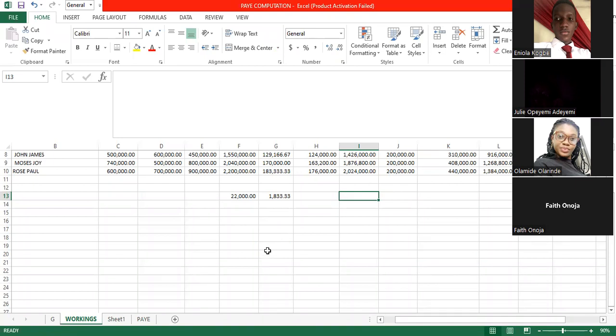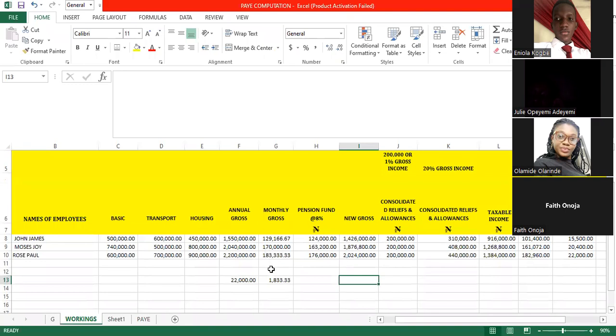Please, on this last question, you said 1% on gross income, annual gross income. Is it for NHS or which one? For both. NHS and then the ITF, Industrial Training Fund.